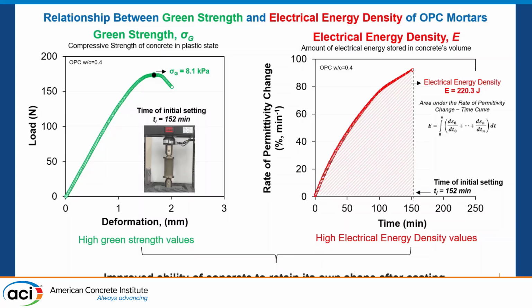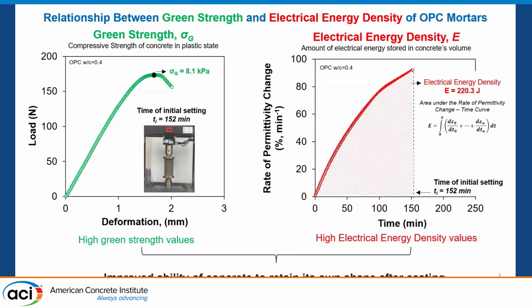And we also used the permittivity readings up to the initial time of setting by constructing the rate of permittivity change through time, the curve, and calculating the area under the curve. This is the so-called electrical energy density and can provide some interesting information if we compare it with the green strength.